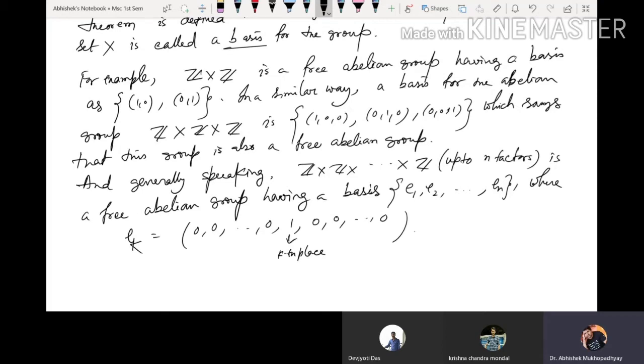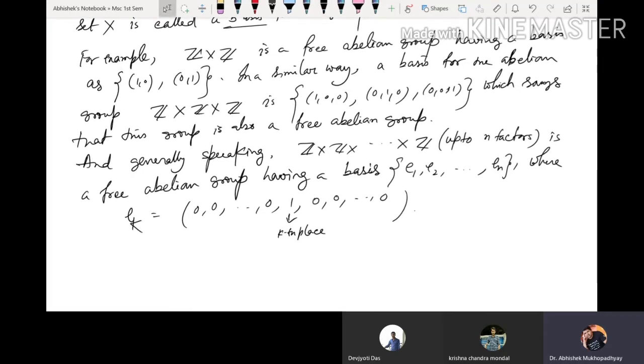Yes, so Z cross Z cross Z up to n factors is a free abelian group.